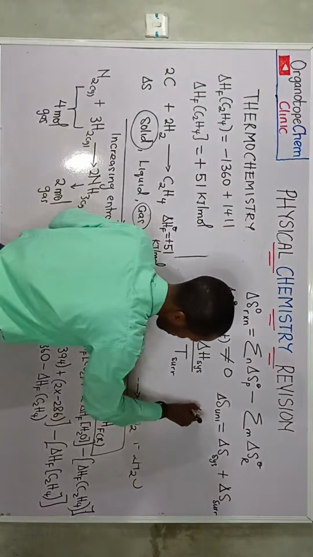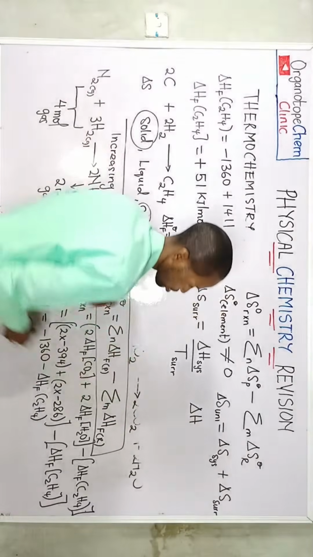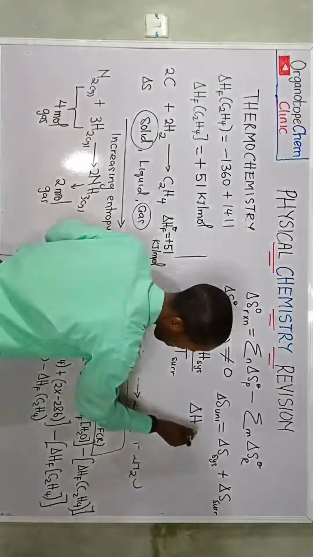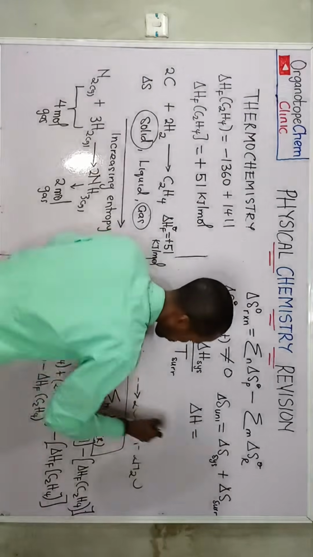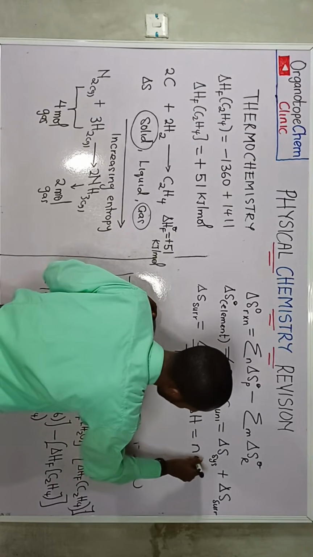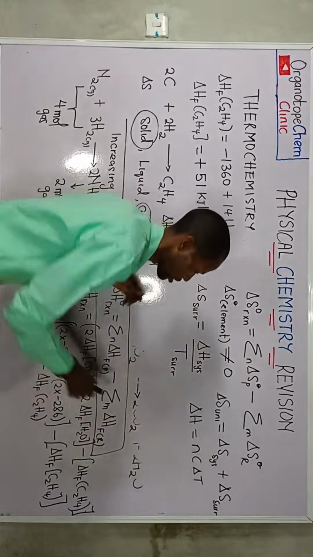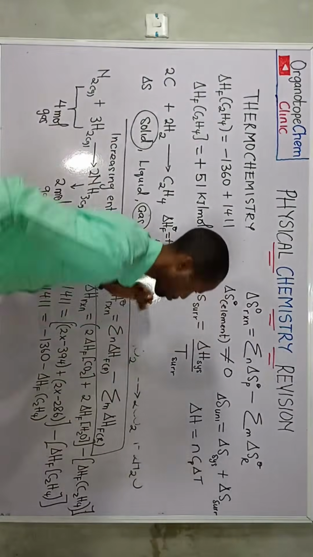There's another case whereby you may not be given this expression, but you can use this formula as well. We have the n, C, change in temperature. We can have this one as Cp.